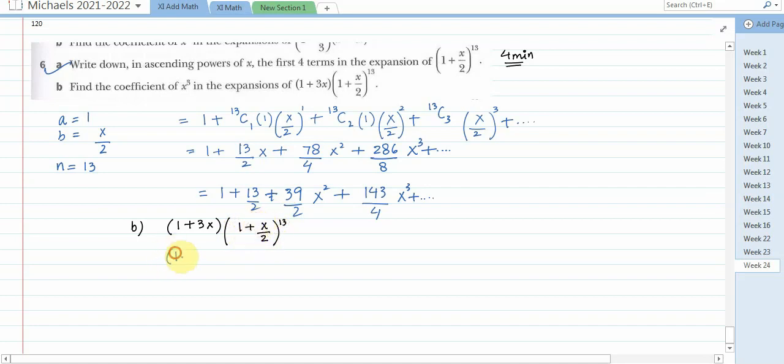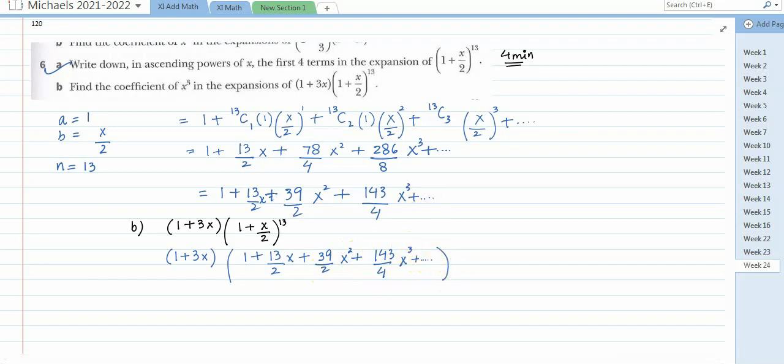So I am saying that (1 + 3x) times the expansion, which is 1 + 13/2 x + 39/2 x square + 143/4 x cube + and it goes on.